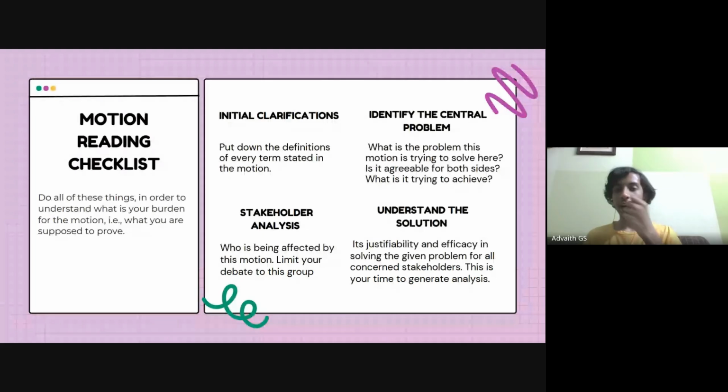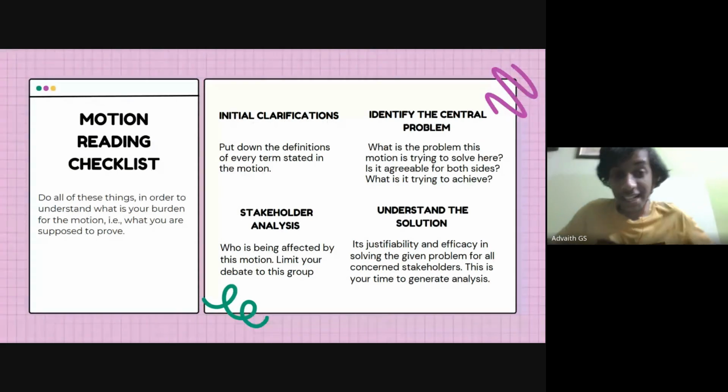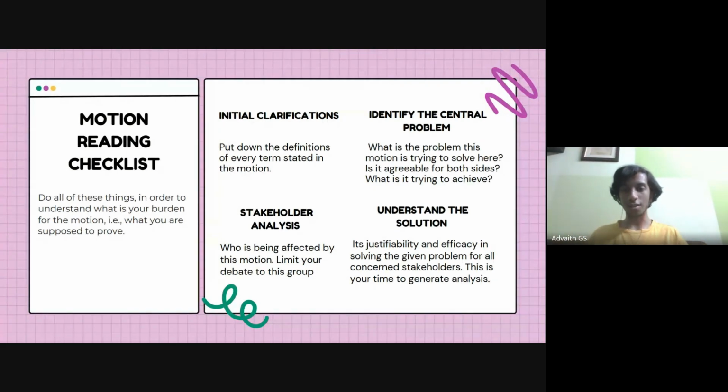Okay, just to make sure, I'm not asking for arguments. I'm just asking what is the central problem here. I understood what you're trying to say, and that is a very valid argument. What is the central problem that the motion is trying to solve, that either side will claim to be the central problem?